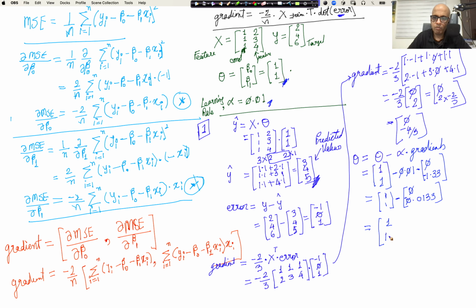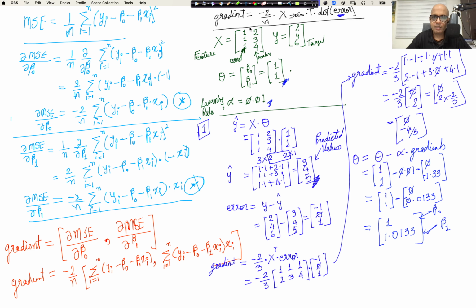So this simply would be 1.0133. So this is the new value of beta. That's our new beta 0, and this is our new value of beta 1.